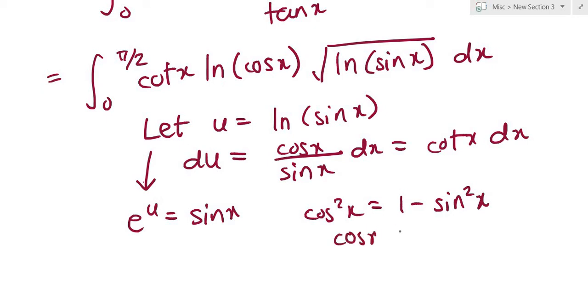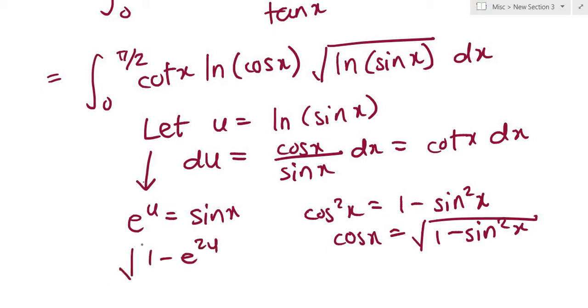So cosine of x is nothing but the square root of 1 minus sine squared of x. I'm going to do the same. So sine squared is nothing but e raised to 2u, and then 1 minus e raised to 2u, the square root of that thing is your cosine of x.